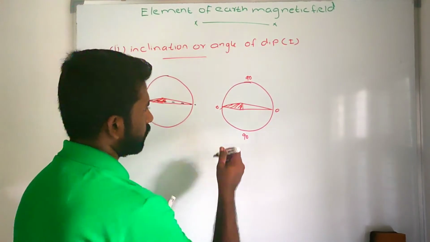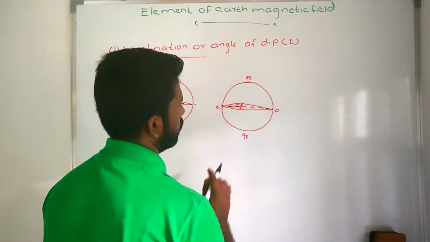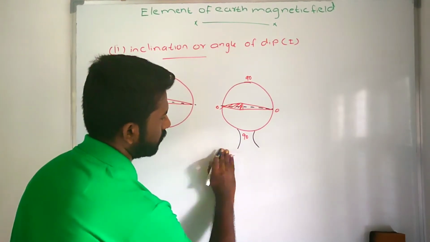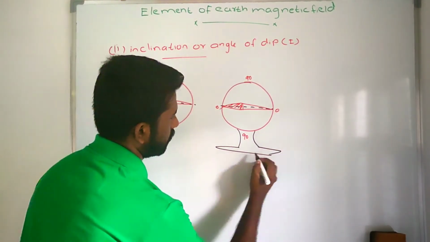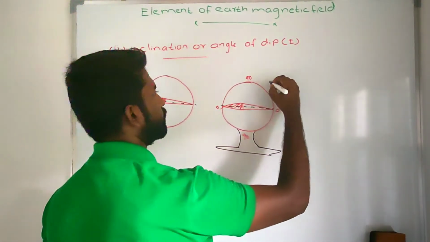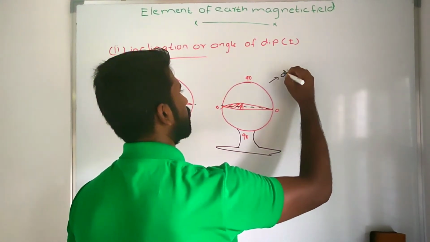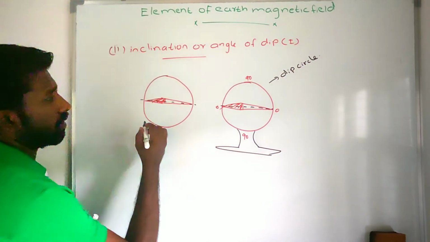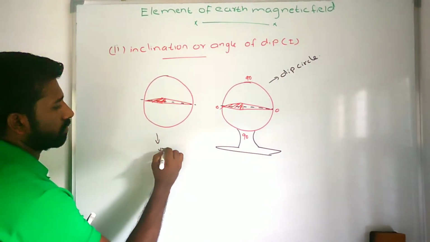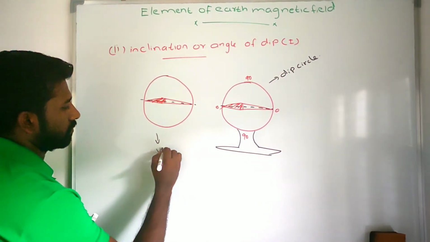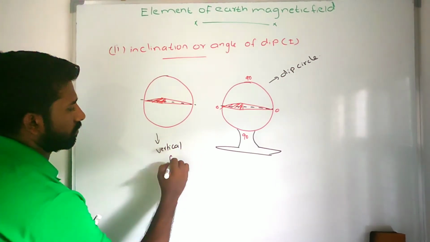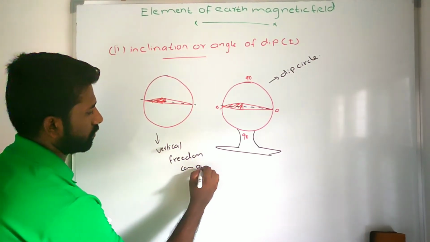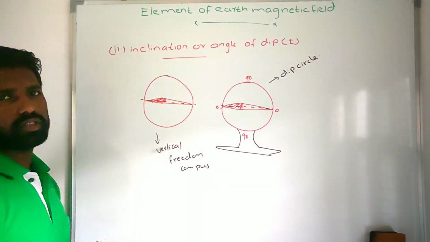There is a horizontal line, and there is a stand given like this. This is the dip circle. This is a vertical freedom compass. The two are the same thing.